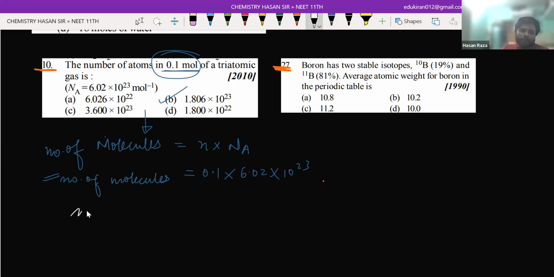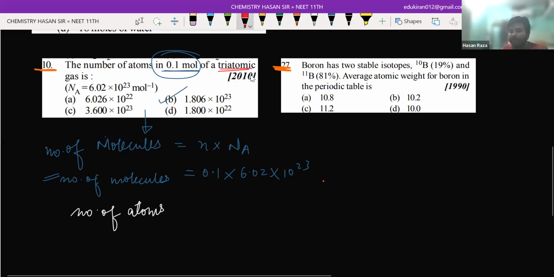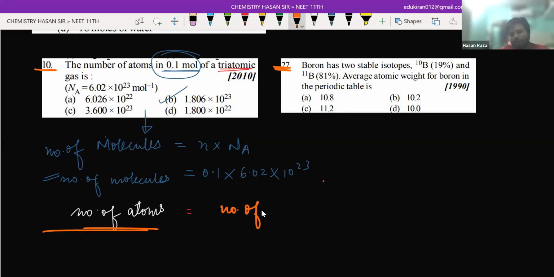Now to calculate number of atoms, you can see here that it is triatomic. That means it has 3 atoms in a single molecule. So you just need to multiply. How you will calculate number of atoms: number of atoms is equal to number of molecules into number of atoms.